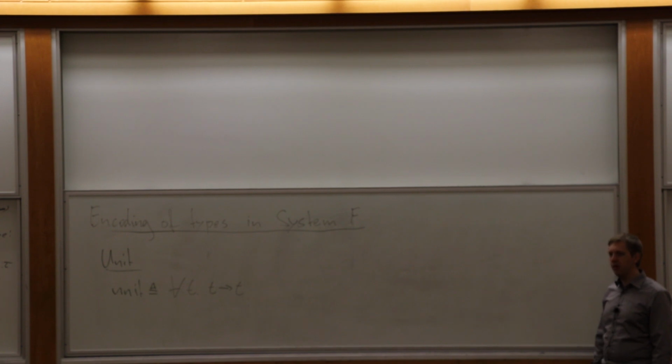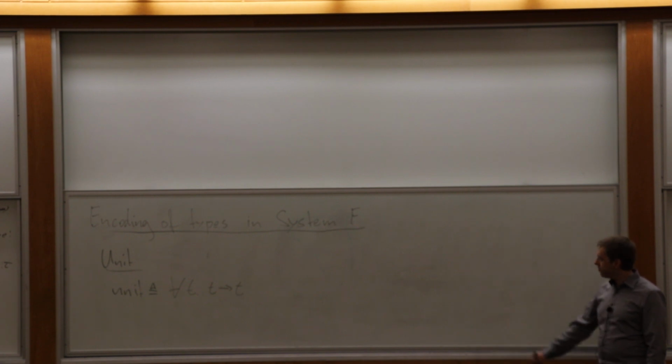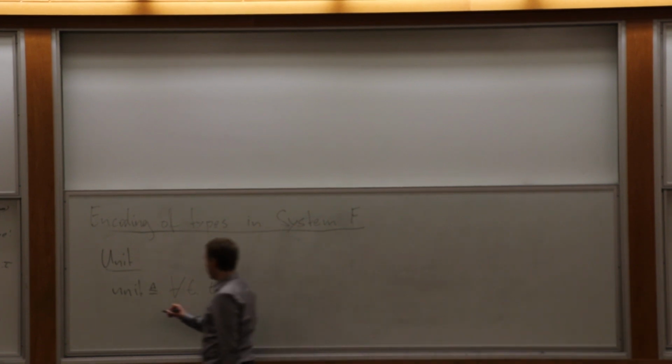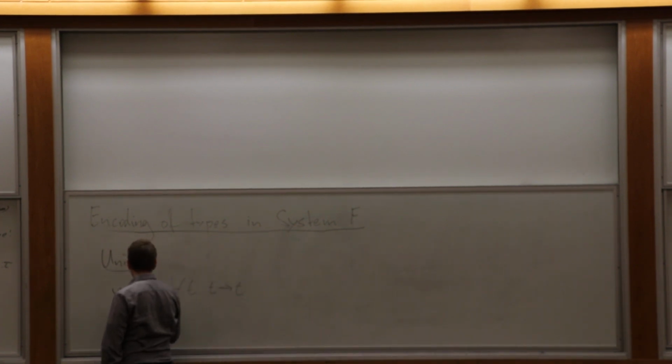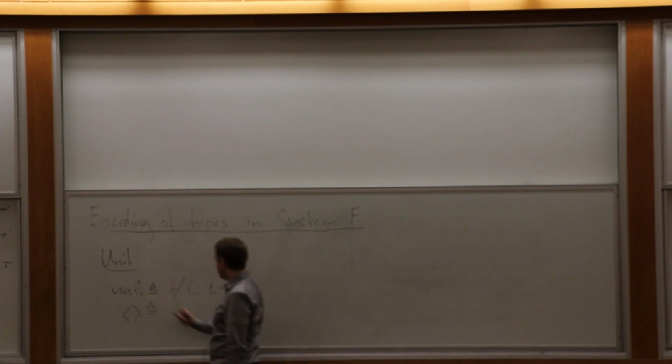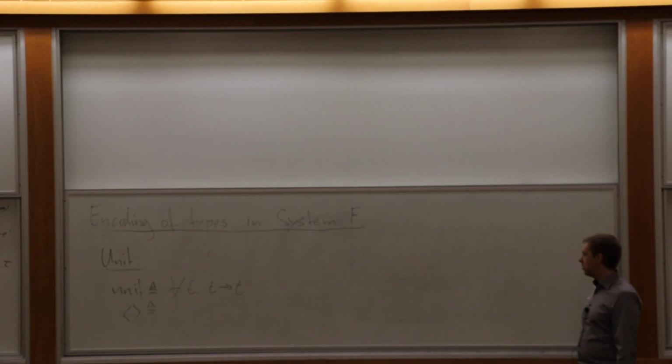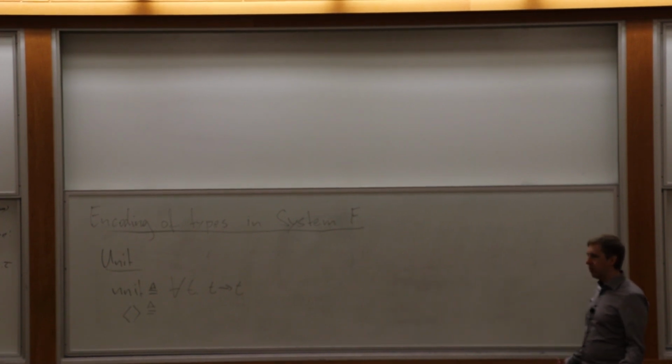First of all, it seems to be not very useful, right? Maybe before we discuss it, let's say what the unit itself is, the only value of this type. Well, there's not so much we can do, right?